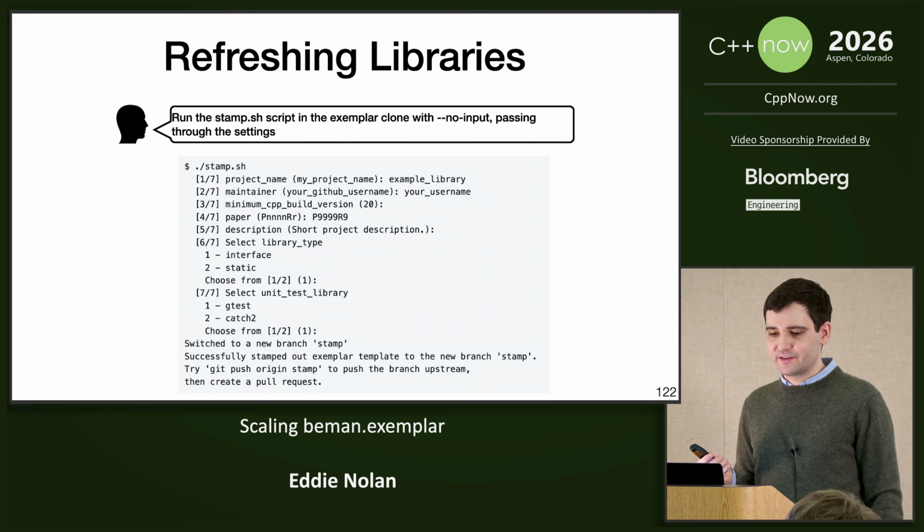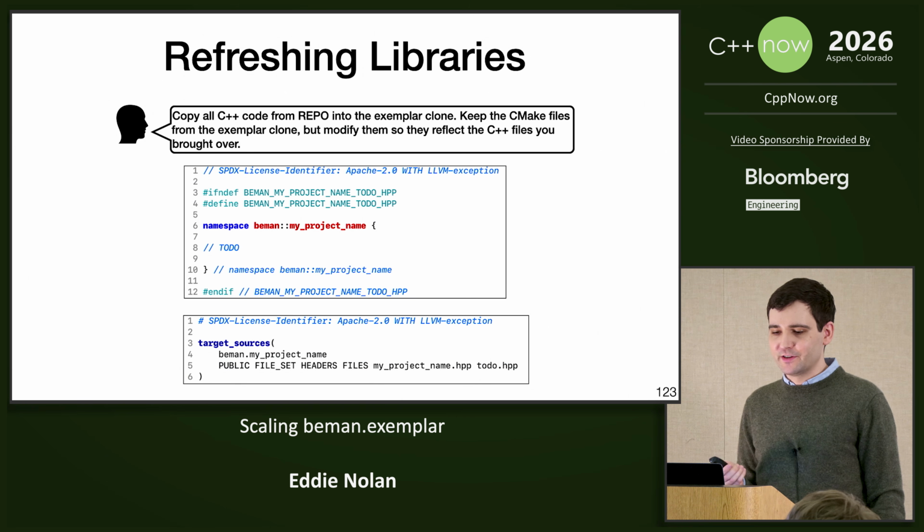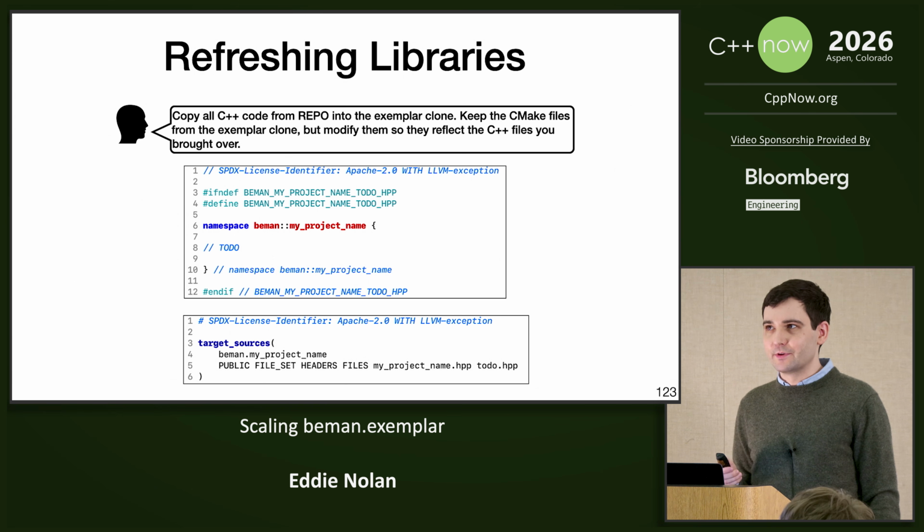Run the script to stamp out the newer copy of exemplar, and copy the C++ code over from the old version of the repository. When you do that, the AI is smart enough to figure out that it shouldn't leave around a to-do.hpp file, and it should keep around all of the scaffolding, but update it to the intent of what the library is trying to do.